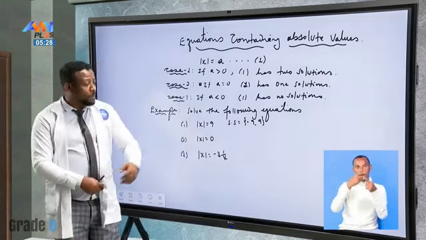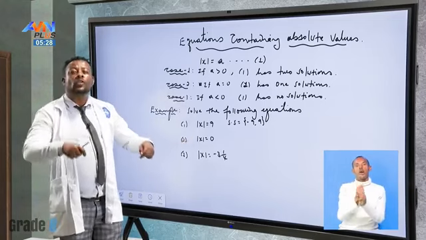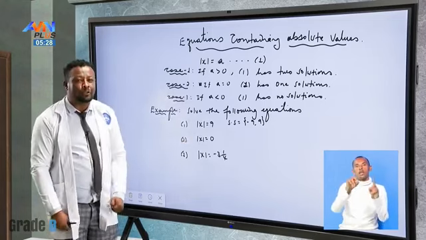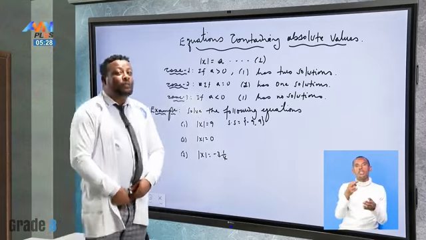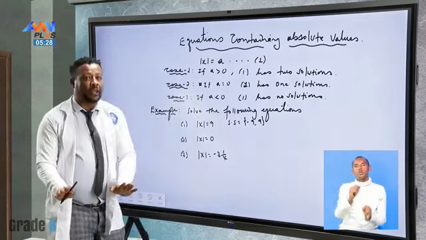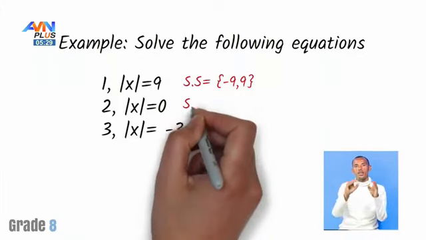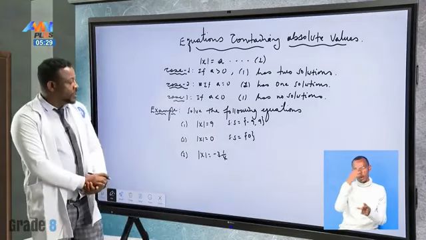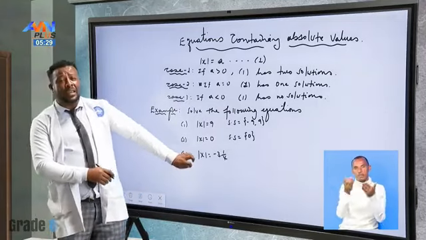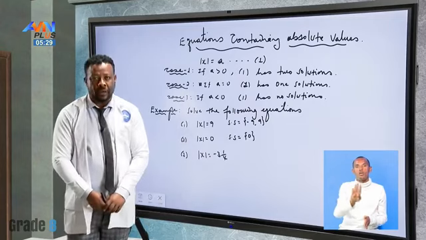When we come to the B part, we are asked to find the solution for the absolute value of x equal to 0. In this case, the only x value that gives this result is 0 only, okay? So the solution set for the second case is only 0, okay? In the third case, absolute value of something is minus 3 and 1/4.